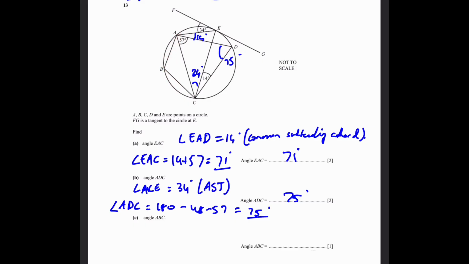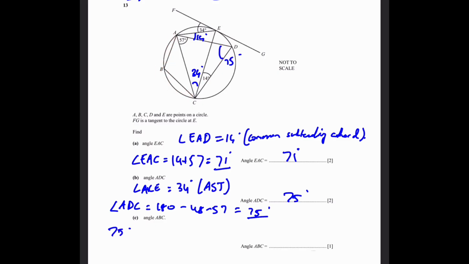And by the way, if you don't know where cyclic quadrilateral is, it is part of the circle geometry theorems. A cyclic quadrilateral is basically a quadrilateral formed by 4 points on the circumference of a circle. A, D, C, B are 4 points on the circumference, so it forms a cyclic quadrilateral. And opposite angles on a cyclic quadrilateral add up to 180 degrees. So you have 75 plus ABC is 180.